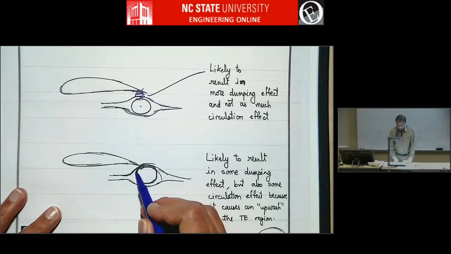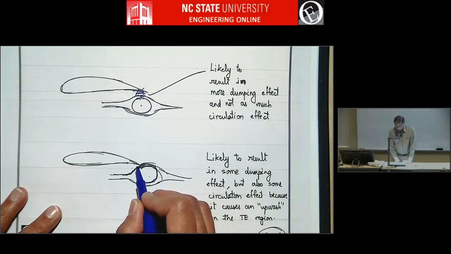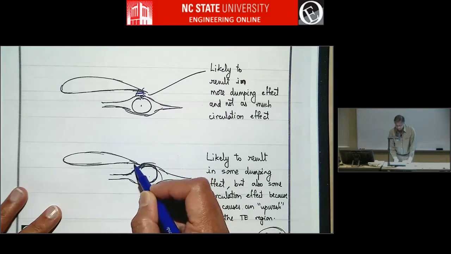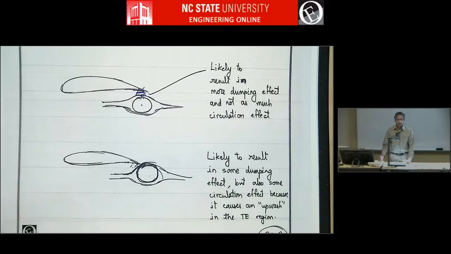But if you move the cylinder towards some position here, you'll not only increase flow speed, you'll also cause a flow like this that will increase the circulation. So the point of this is you have the circulation and dumping, but by moving the aft element around, in this case a cylinder to help think about it more easily, you can tailor the upwash on the trailing edge and the increase in flow speed.